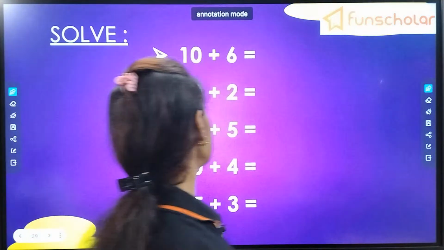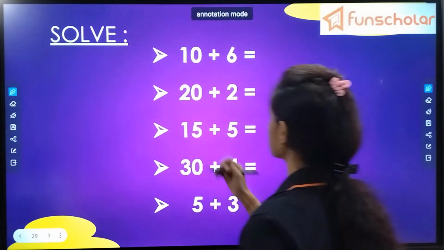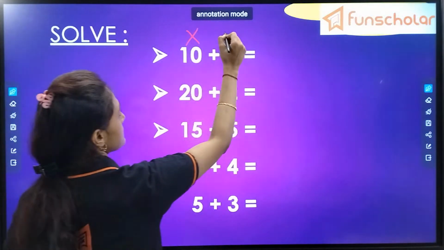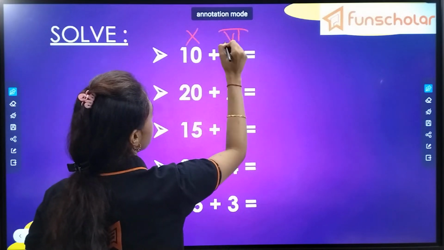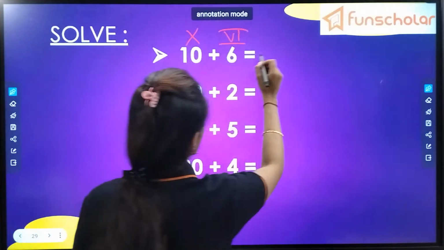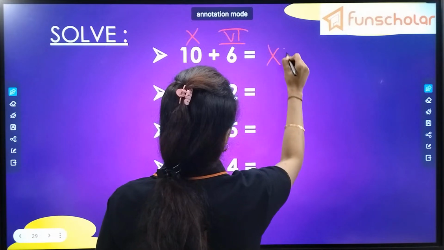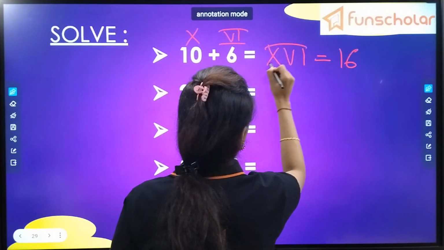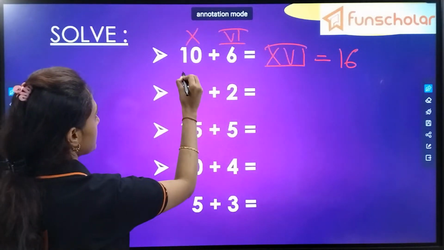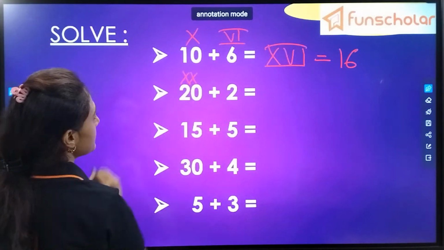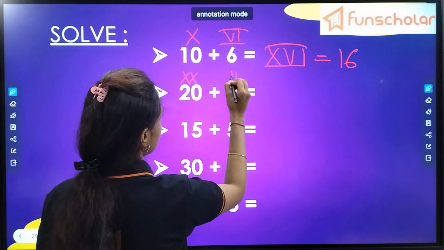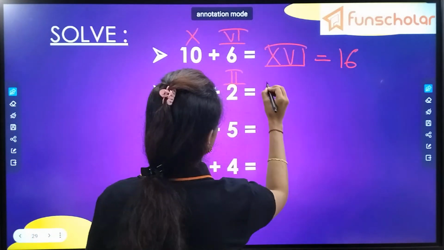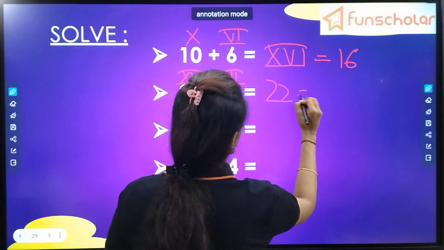So what is written over here? 10 plus 6. 10 is represented by X and 6 is written as 5 plus I. Then it becomes equal to what? 16. 20 is represented as double X and 2 is represented by double I. It becomes 22.